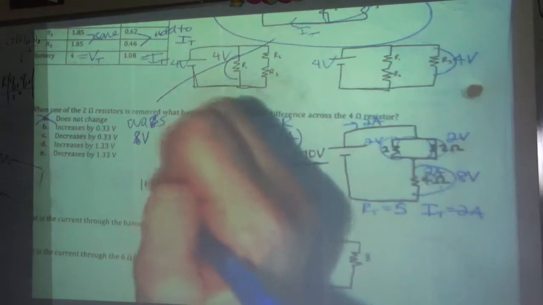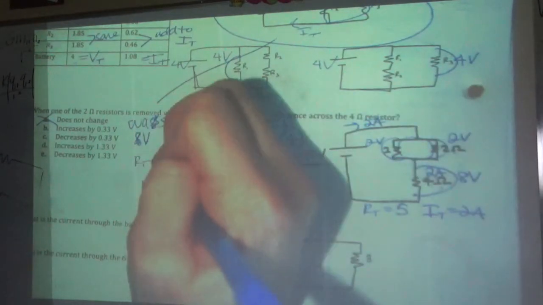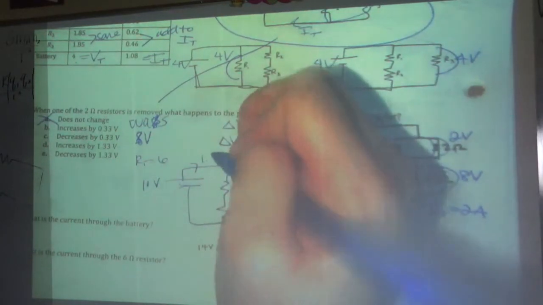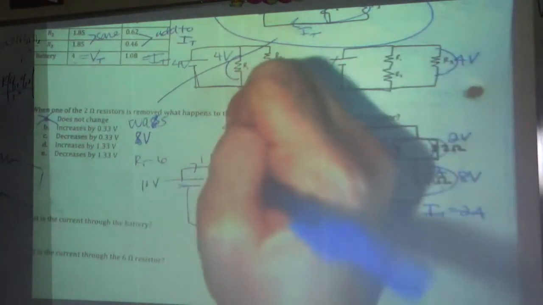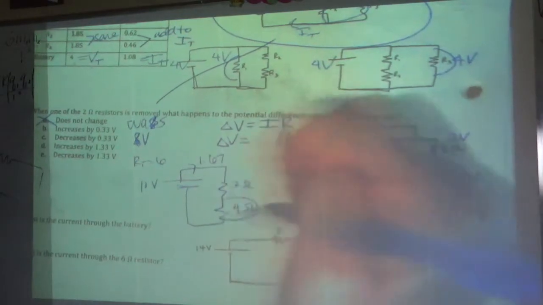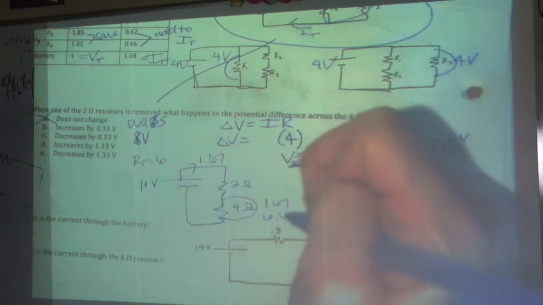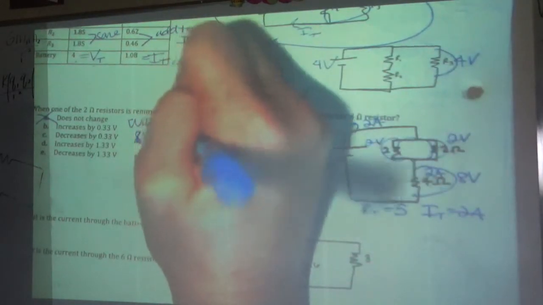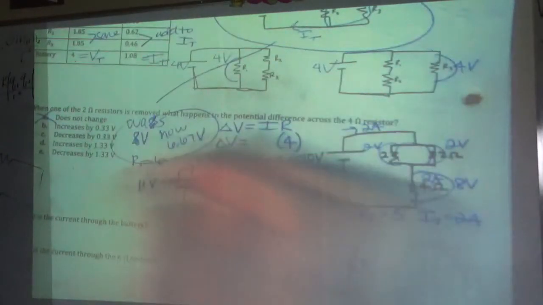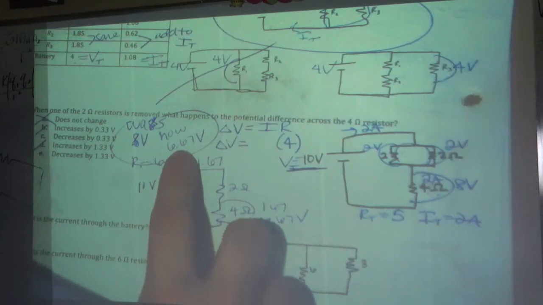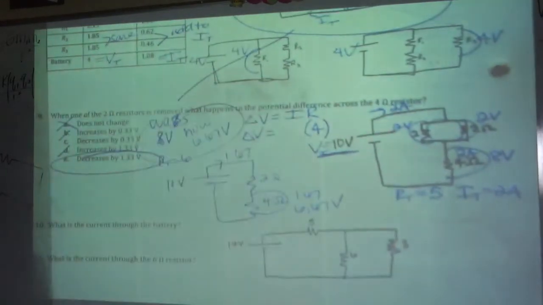So 10 volts, this is a total resistance of 6, so that means 10 divided by 6, that's a total current of 1.67? Yeah, I think so. So then to find this voltage, if this has 1.67, you just multiply, you get 6.67 volts. So it was 8 volts, and now it is 6.67 volts. That means it's decreased, so we can cross off these, and then you just literally subtract. So this one minus this one, it decreases not by 0.33, but by 1.33, so E.